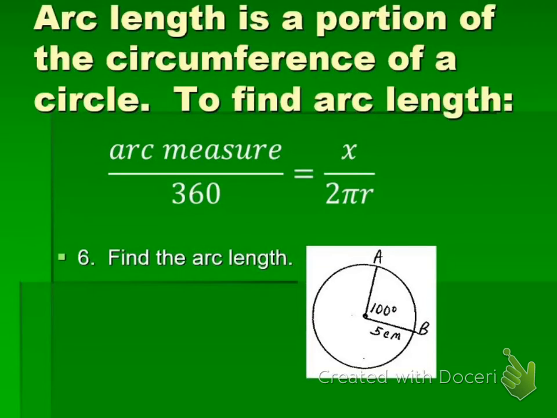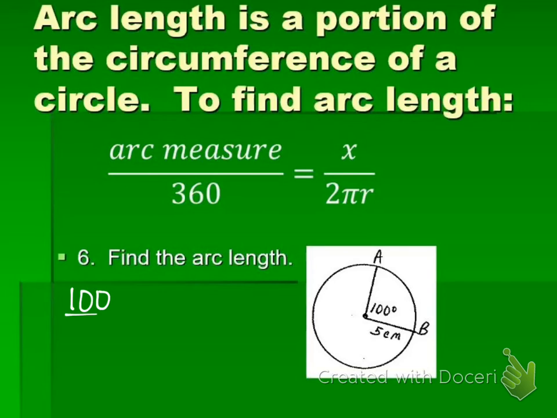All right, I'm going to walk through setting up number 6 so that we can get it done together. The arc measure. If we're trying to find the arc length of arc AB, the measure of that arc in degrees is the same as the central angle.